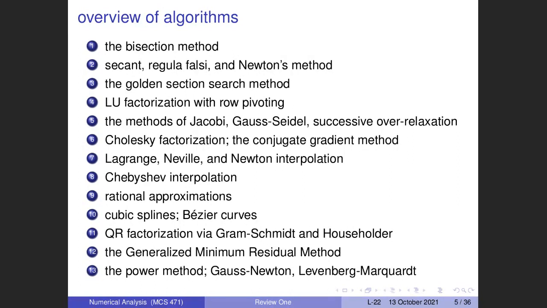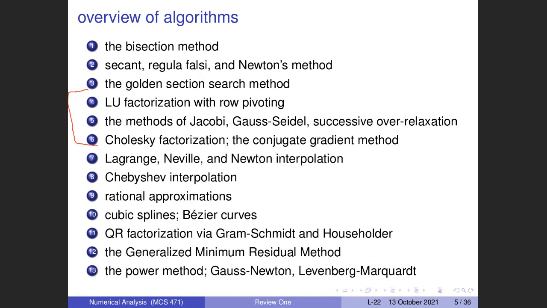But linear algebra occupies at least half of the material we have covered. We had one chapter on solving linear equations. These algorithms in the 4, 5, 6 category fall within linear system solving: the direct methods, the iterative methods, and then the methods for the positive definite problems.